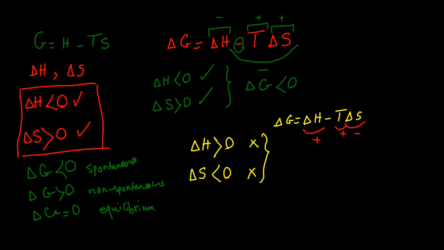Negative times positive is negative, and then negative times negative, this part is positive. Positive and positive, when you add two positive numbers, definitely the answer is positive. So delta G is larger than 0, and definitely this reaction is non-spontaneous.